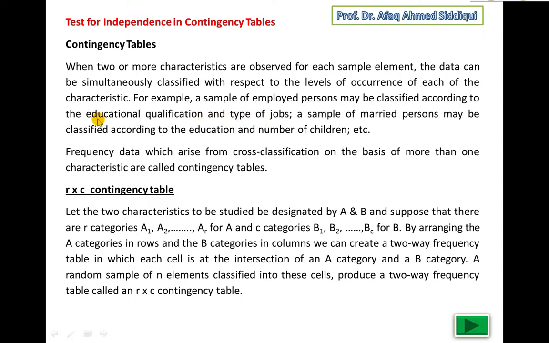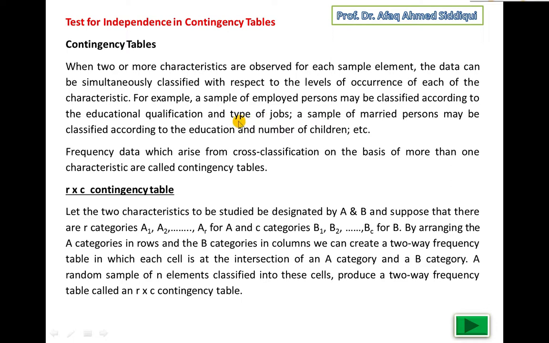First we collect the data according to the requirements of the study, and then we test the main variables. Suppose educational qualification is graduate and non-graduate, or matric, inter, BSc; these are the subgroups, but the main variable is educational qualification.